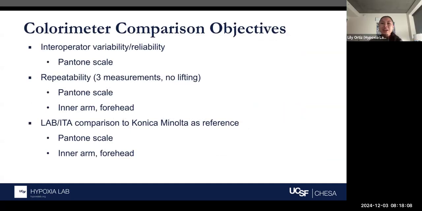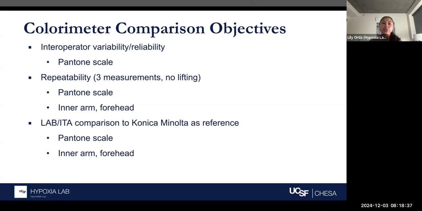Thanks. Okay. We had 3 main objectives for our study. The first was to evaluate inter-operator reliability. So we had Ella, myself, and Brandon measure on the Pantone scale 3 times across a select range of Pantone skin tones. This would help us determine that objective. And then we also wanted to assess repeatability, so identify how reliable these devices were at producing consistent results.